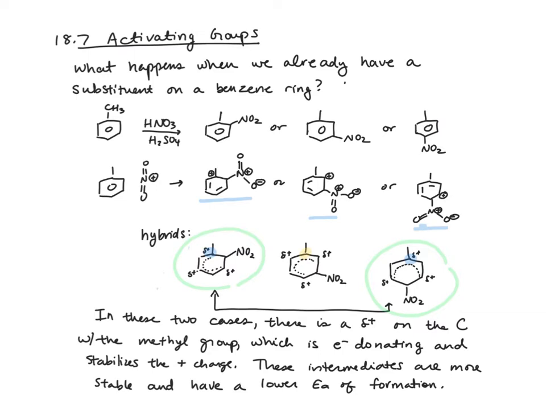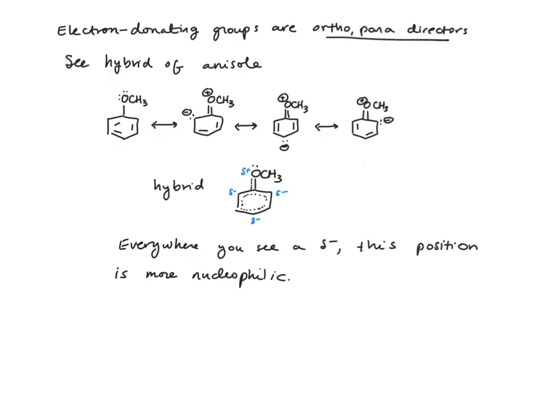One takeaway message here is that whenever you have an electron donating group, you're going to have a preference for ortho and para functionalization, and we'll see that in the next example.